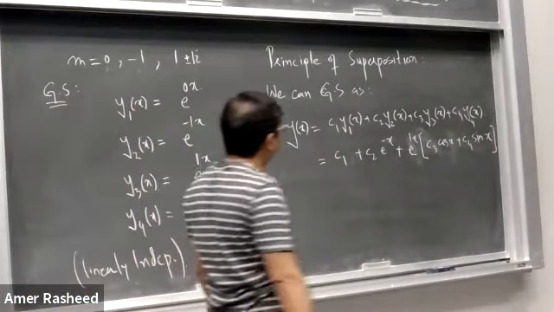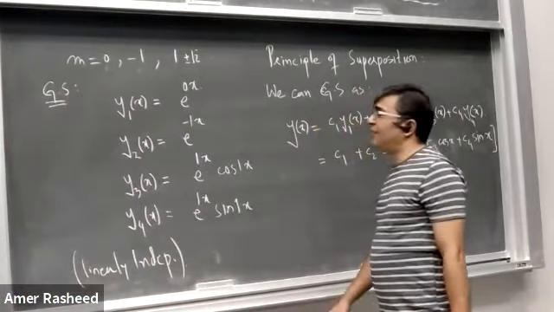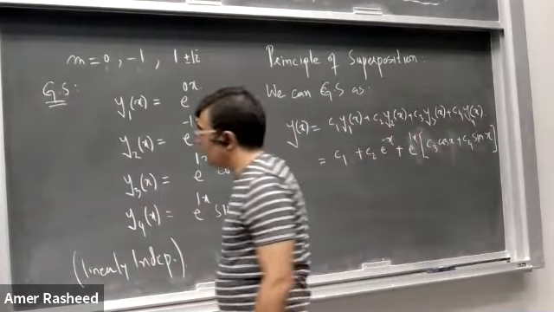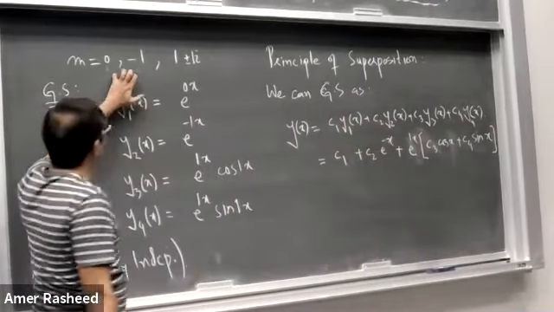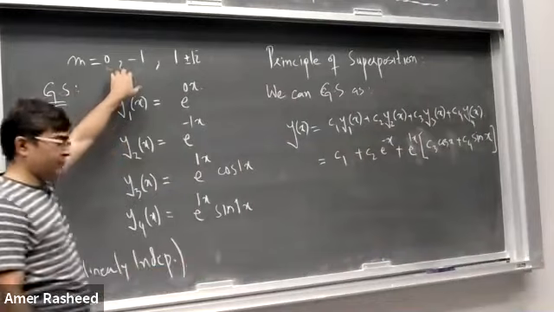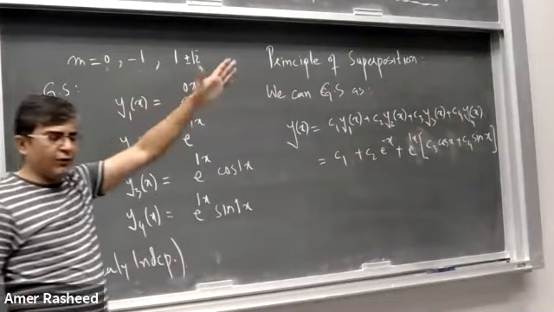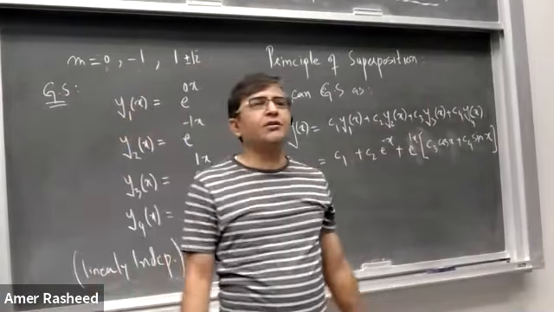In case of real and repeated roots, for example, here you have -1 two times, I've already told you how to write the solution.